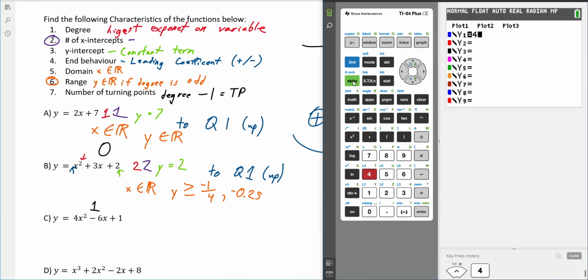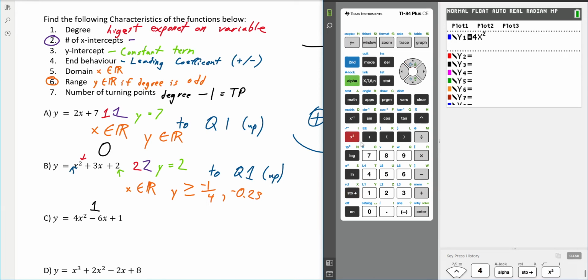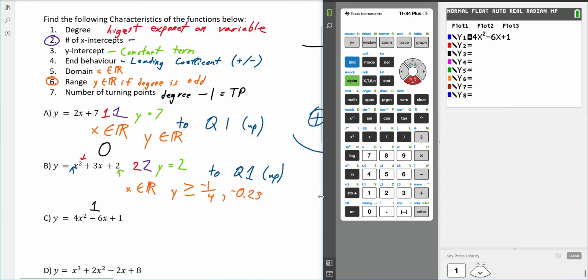So 4x squared minus 6x plus 1. The next one is going to be x cubed. Oops, I went too far.